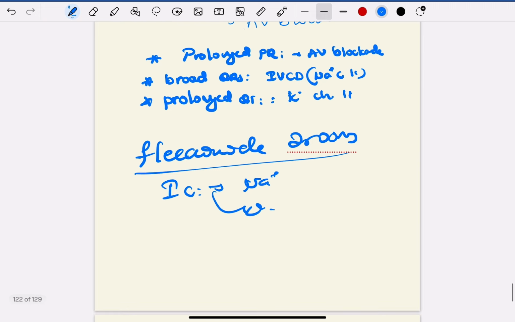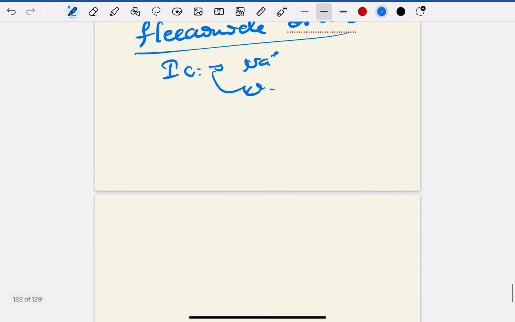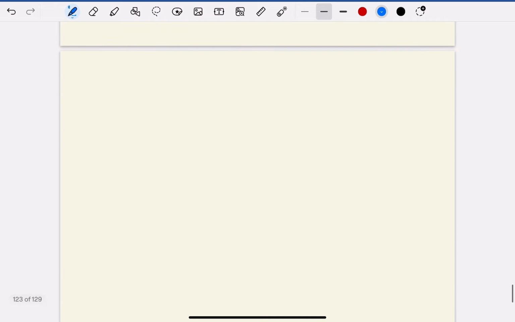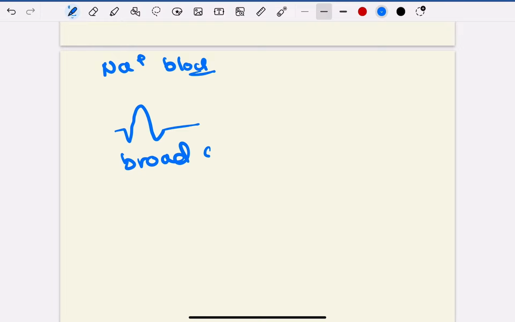So if we discuss the ECG patterns in various channel blockades. If you block the sodium channel, what do you get? Sodium channel blockade will cause broad QRS. Where do you see this?